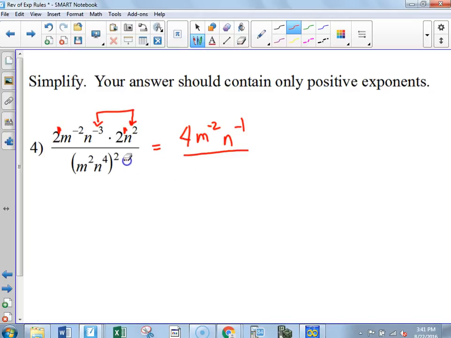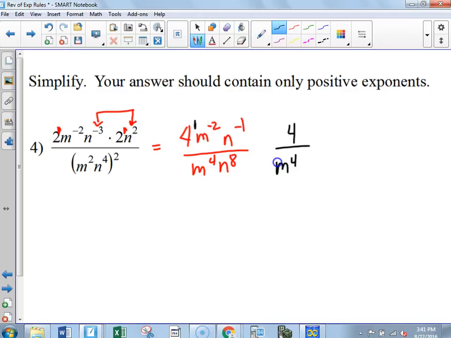Down on the bottom, this 2 applies to both of these, so I end up with an m to the 4th and an n to the 8th. All right, again, the negative exponent needs to cross the line and move down here, but the 4 does not. The 4 is a coefficient. It has its own exponent power of 1, if you want to think of it that way.